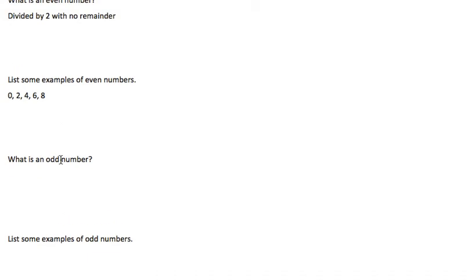An odd number then would be the opposite of that, and it is a number that cannot be divided by 2. Or in other words, there would be a remainder. And examples of odd numbers are any numbers that end in 1, 3, 5, 7, or 9.